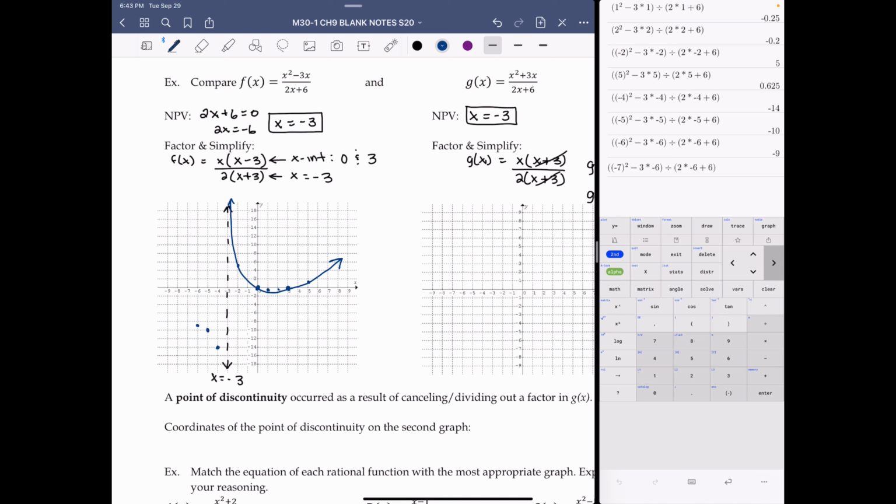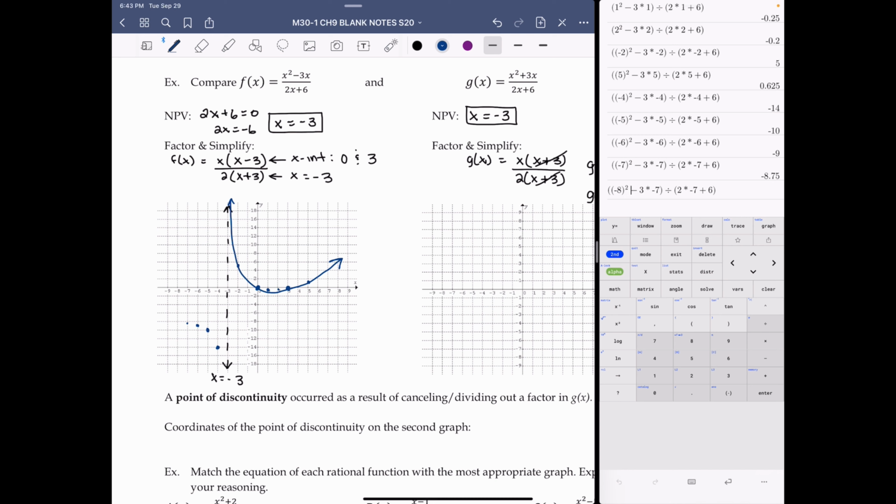Negative 7 squared minus 3 times negative 7 divided by 2 times negative 7 plus 6 is negative 8.75. And let's try negative 8.